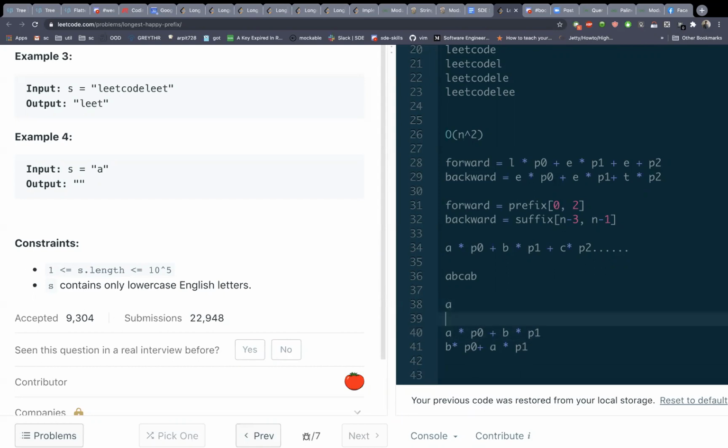When we are moving from left to right, it's easy for us to calculate the power. We can simply keep multiplying by our base. So basically say our initial hash is 0.